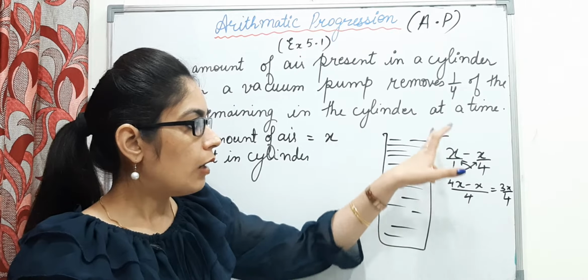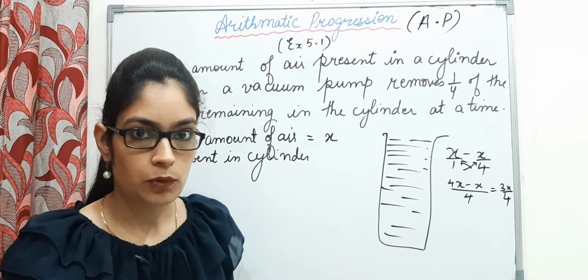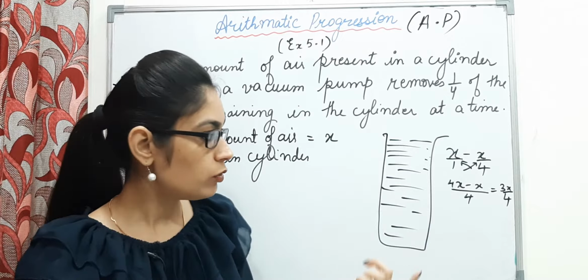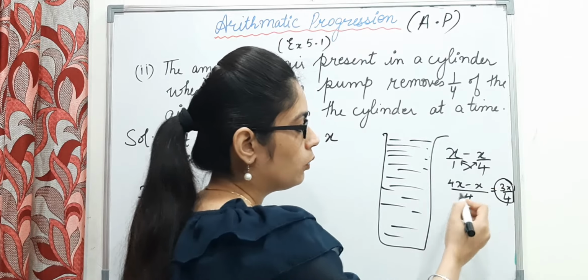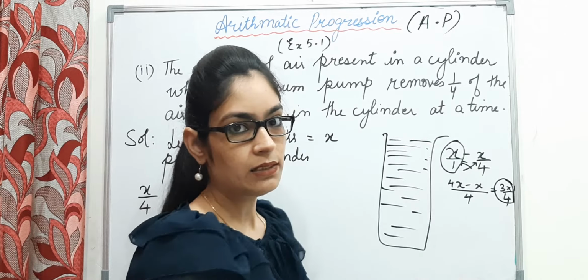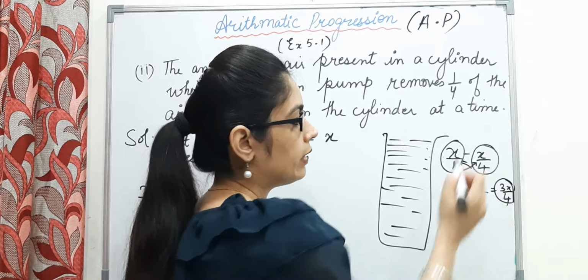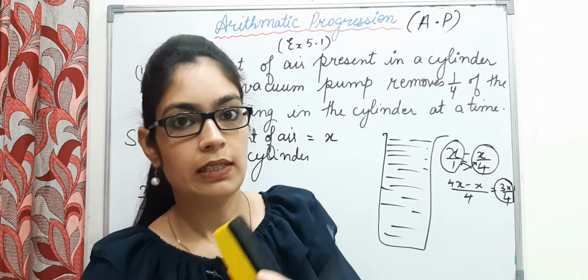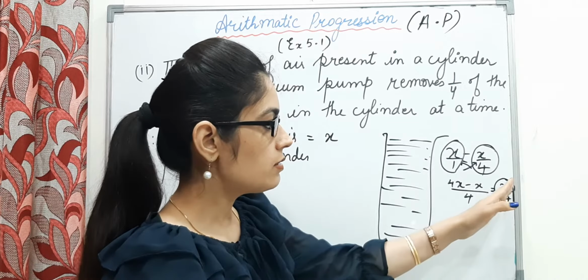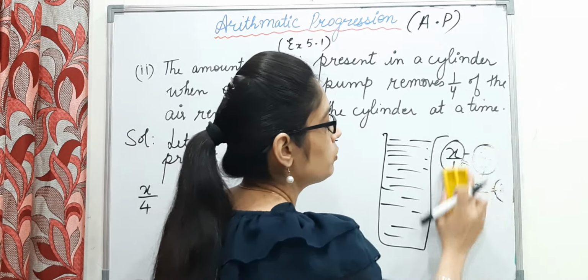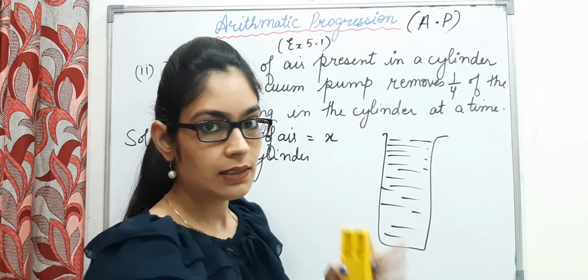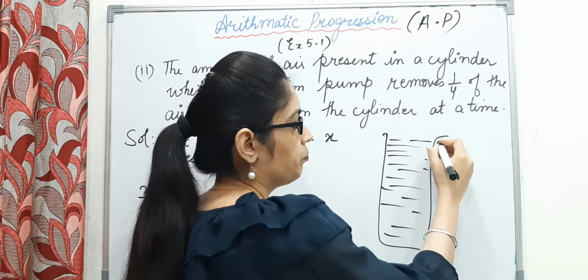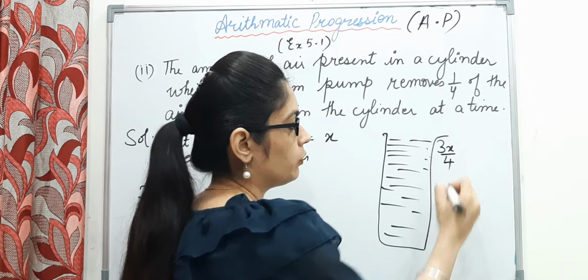Now we have to find how much air is remaining. Remaining air will be the total, which is x, minus the removed air, which gives us the remaining air, 3x by 4. So the total air present in this cylinder now is 3x by 4.